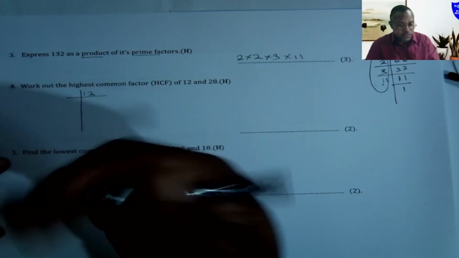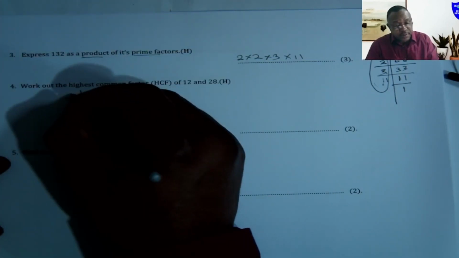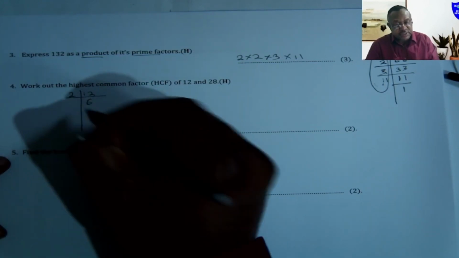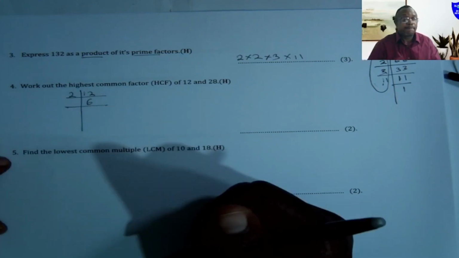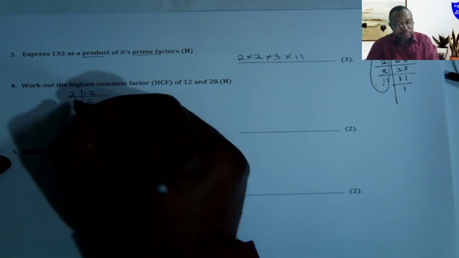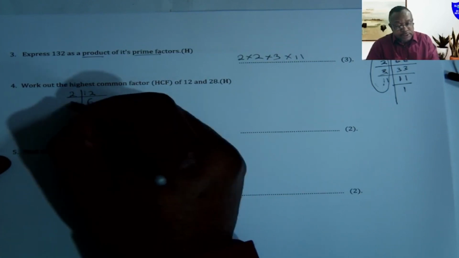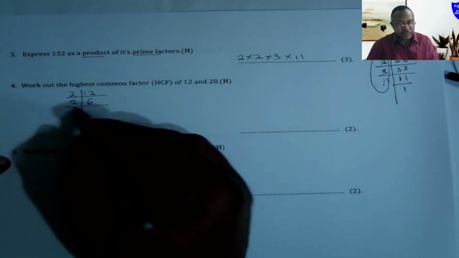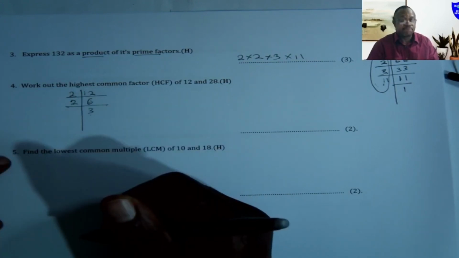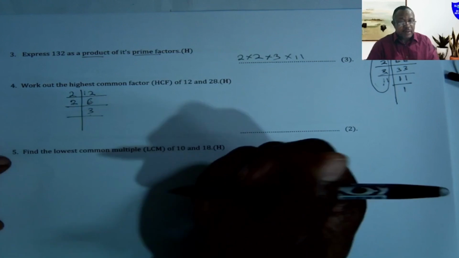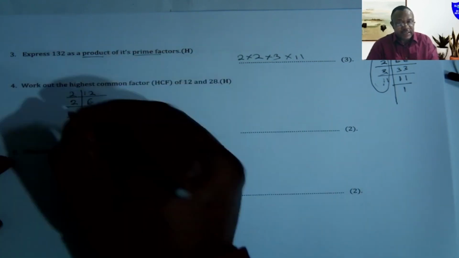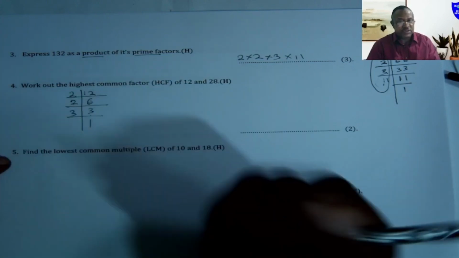We start with the lowest prime number, which is 2. 12 divided by 2 gives us 6. Then we can divide 6 by another 2. 6 divided by 2 gives us 3. Then the only prime number that can divide 3 exactly is 3 itself, to get 1.